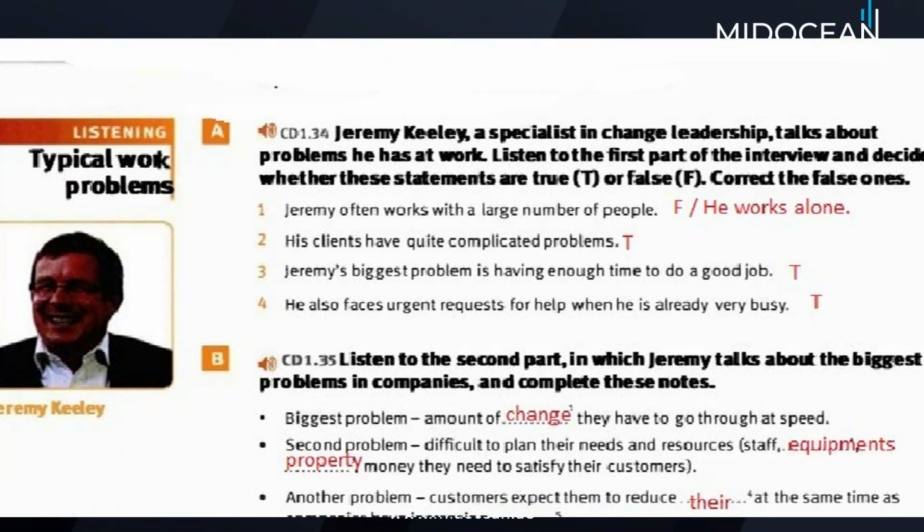So, this is true. 3. Jeremy's biggest problem is having enough time to do a good job. True. 4. He also faces urgent requests for help when he is already very busy. So this is true.